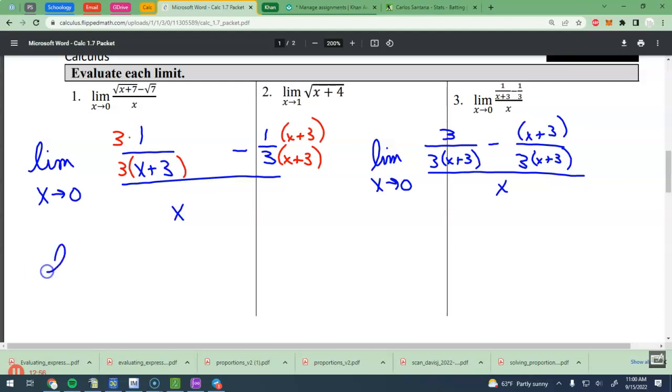So then I will have the limit as x approaches 0. Remember when you subtract fractions, you leave the bottom the same. So if I had 4/12 minus 1/12, it would be 3/12, right? 4 minus 1 is 3, and you leave the denominator the same. So what I would have on top here is 3 minus (x plus 3).